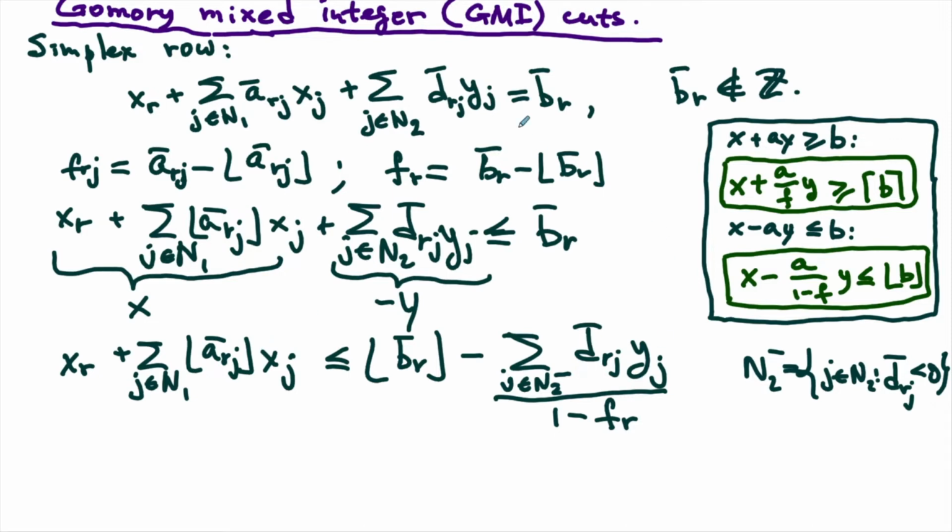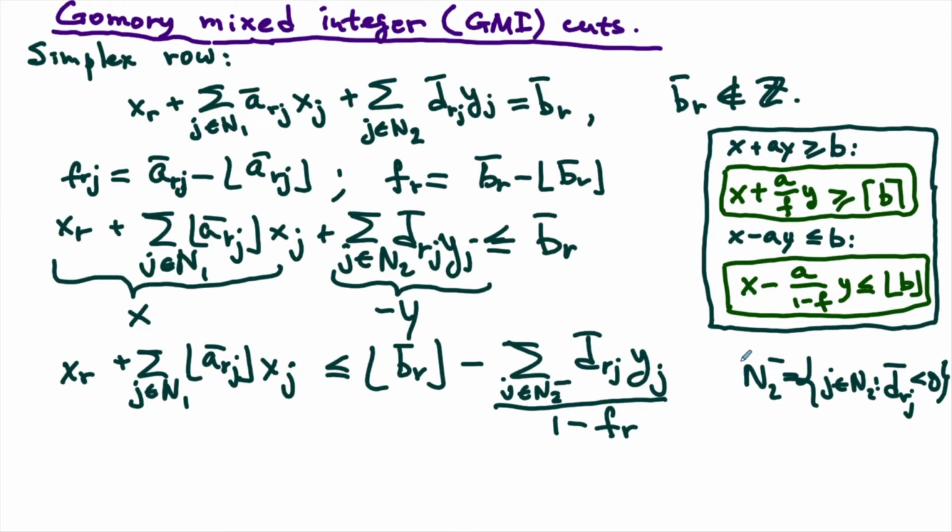So essentially move it to the continuous part, and let's see what happens. Alright, and again, this will probably make more sense when the fractional part of the coefficient arj bar is kind of large, so it's larger than the fractional part of the right hand side.